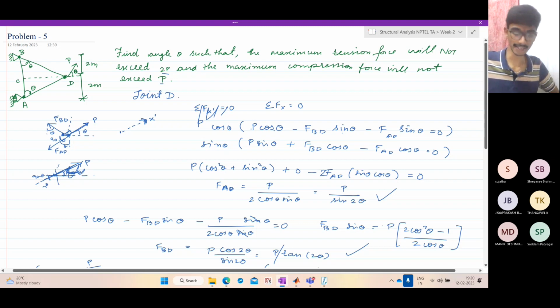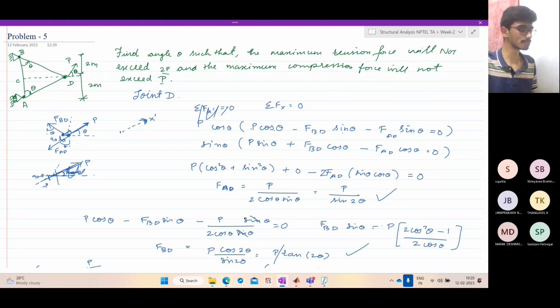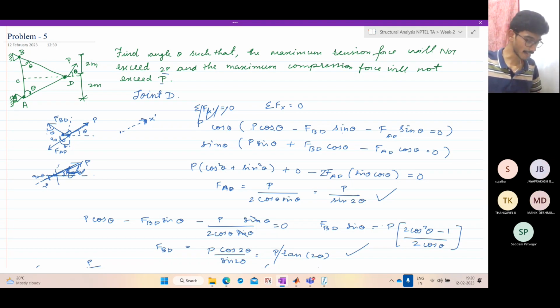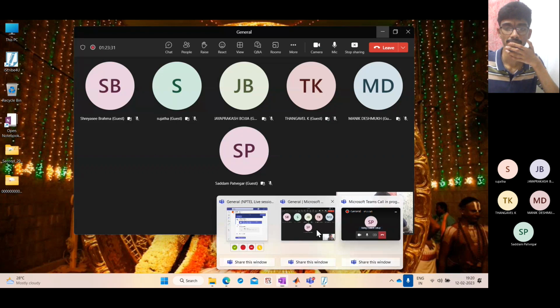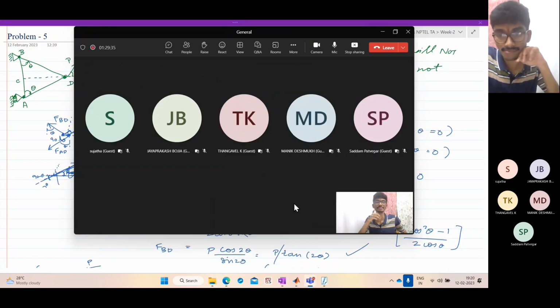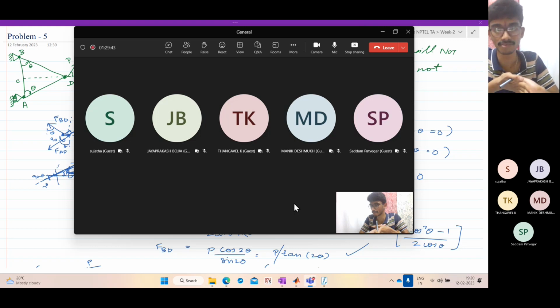Okay, now it's 7:10. Let us go to the more challenging and lengthy problems. If there is any doubt, I can clear right now. You can also ask after we finish the other problems. So let me pause here. Is there any doubt? Because these are essential for solving the next type of virtual work problems. So are there any doubts?